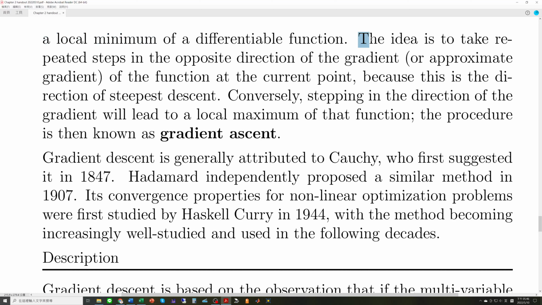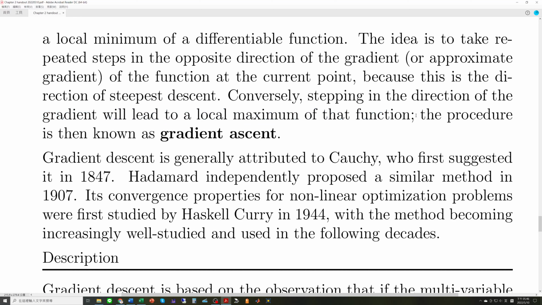Okay, so the idea is to take repeated steps in the opposite direction of the gradient, or approximate gradient, of the function at the current point, because this is the direction of steepest descent. Conversely, stepping in the direction of the gradient will lead to a local maxima of that function.